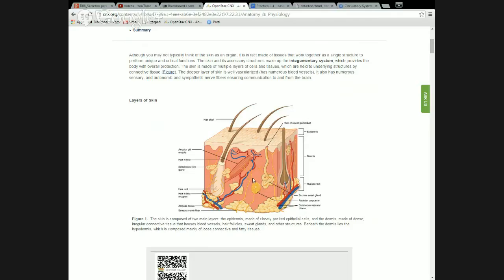But so I talked a little bit about the smooth muscle in the blood vessels here playing a role in temperature regulation. There's also smooth muscle connected to hair follicles, which are kind of related to temperature regulation. In humans, they don't really do anything, but in other organisms that have fur, hair follicles are tied to temperature regulation.